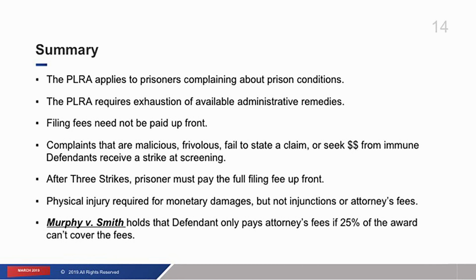After 3 strikes, the prisoner must pay the full filing fee up front. Physical injury is required for monetary damages. However, no physical injury is required for injunctions or attorney's fees. Murphy v. Smith holds that the defendant only pays attorney's fees if 25% of the award can't cover the fees.